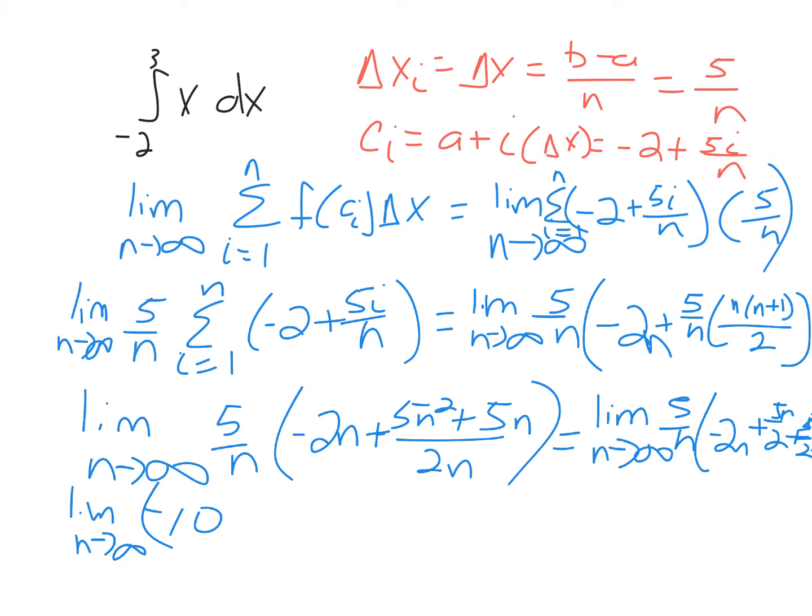The n's cancel again, because it ends on the numerator. So I'm going to get plus 25 over 2, and we're going to get 25 plus 25 over 2n.